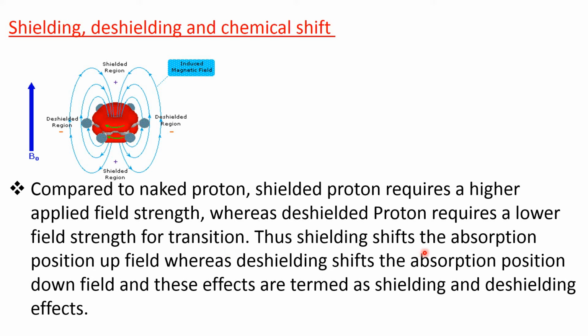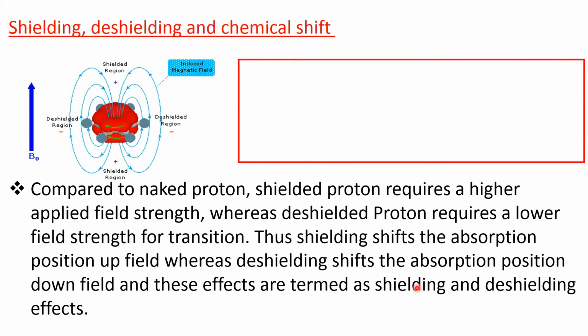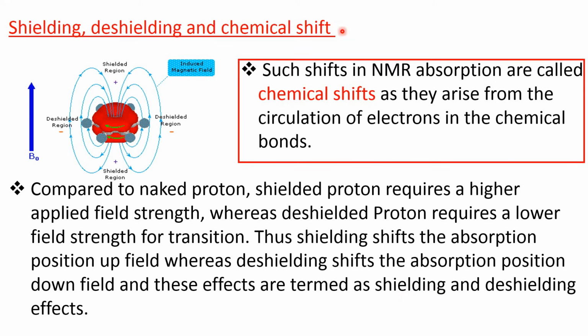Thus, shielding shifts the absorption position upfield, that means higher magnetic field, whereas deshielding shifts the absorption position downfield, and these effects are termed shielding and deshielding effects. So, such shifts in NMR absorption are called chemical shift, as they arise from the circulation of electrons in the chemical bonds.